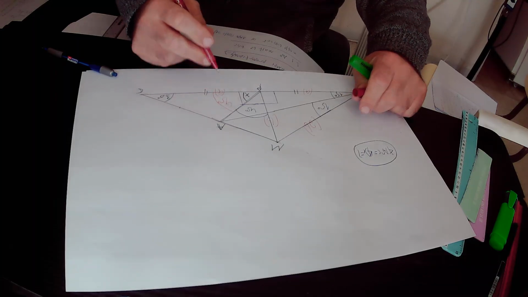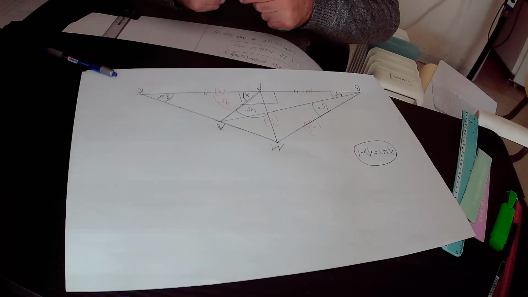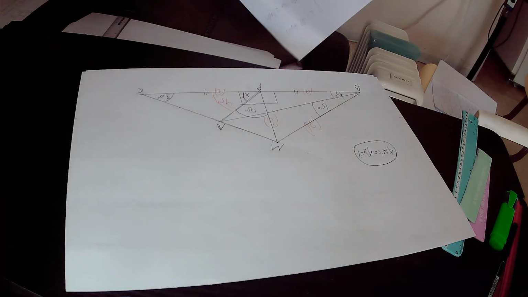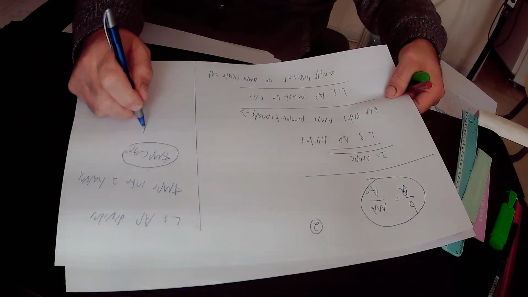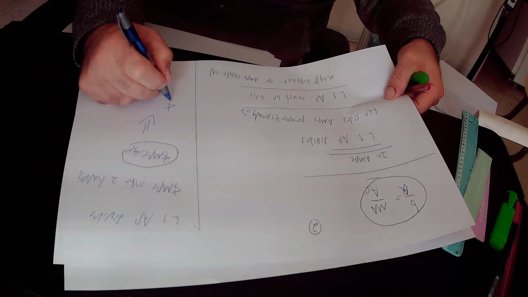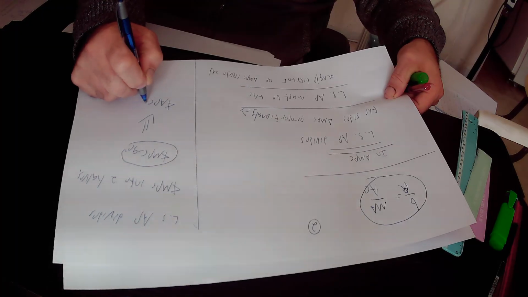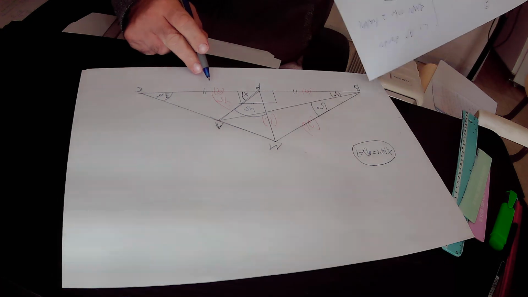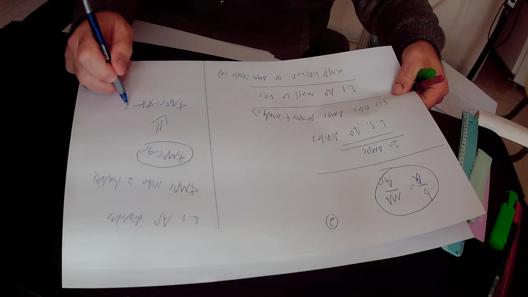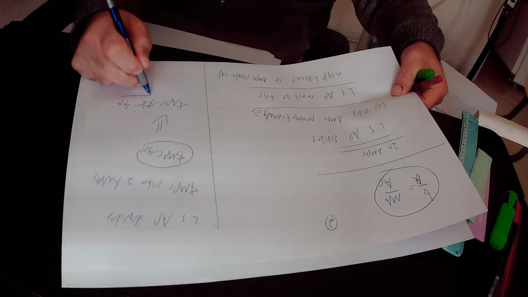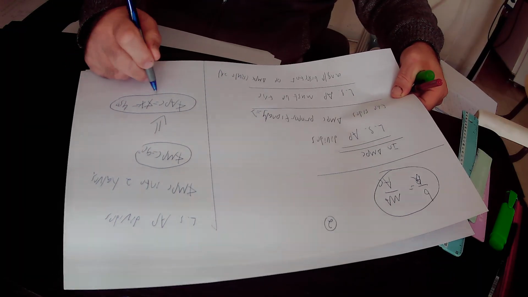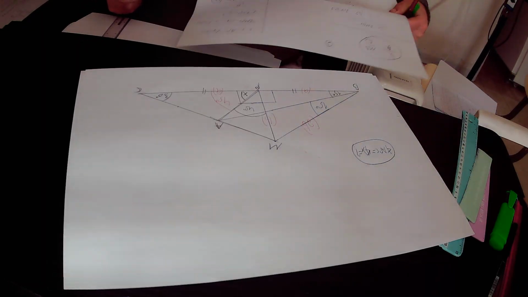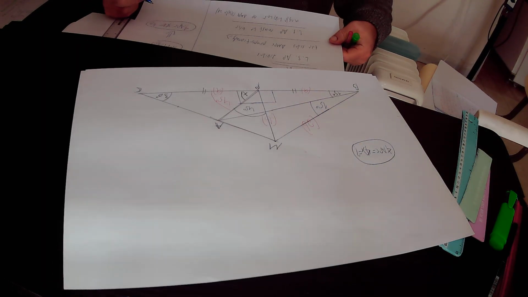So we found the angle that we are looking for in this question, angle APC, equal to X. Angle APC is equal to angle X is equal to 45 degrees in size. So this is the answer to the first question.